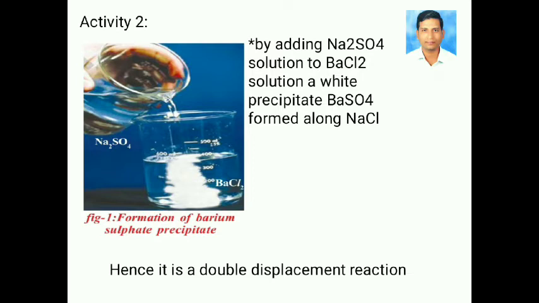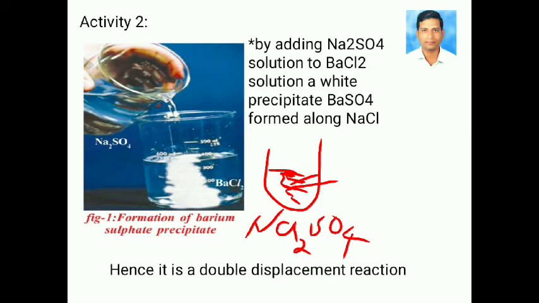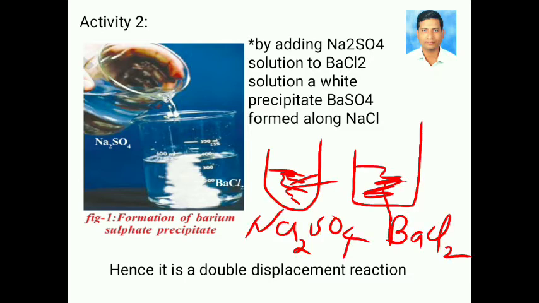Now activity 2. Take about 100 ml of water in a beaker and dissolve a small quantity of sodium sulfate. Then we get a colorless sodium sulfate solution. Similarly, take about 100 ml of water in another beaker and dissolve a small quantity of barium chloride. Then we get a colorless barium chloride solution.